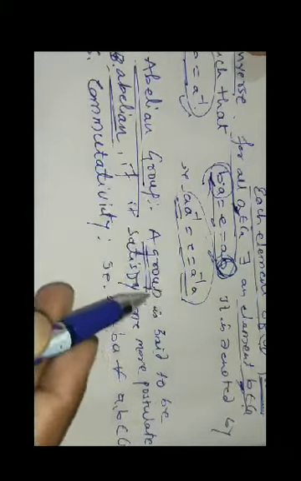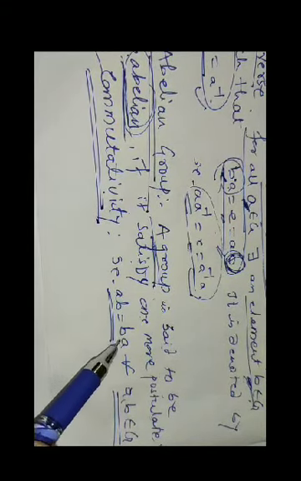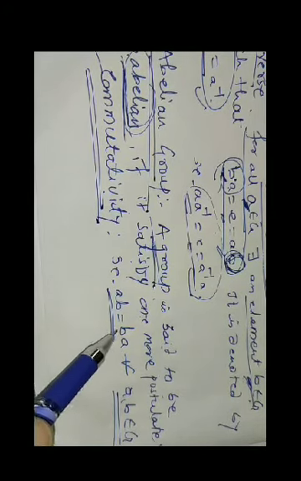An abelian group is already a group, only one word abelian is extra. And what is meant by abelian? If it satisfies one more postulate, that is commutativity, the fifth property. A dot B is equal to B dot A for all A, B belongs to G. So with respect to that dot operation, if AB is equal to BA, then we say that it is the abelian group.